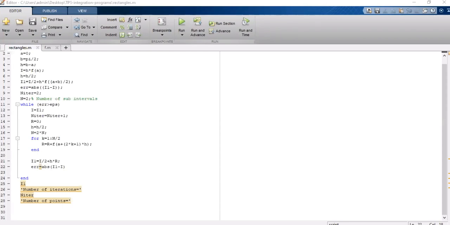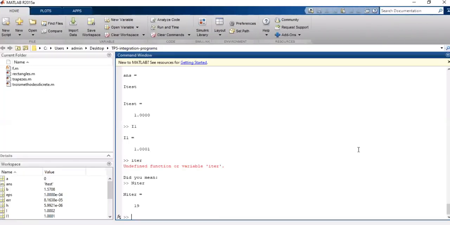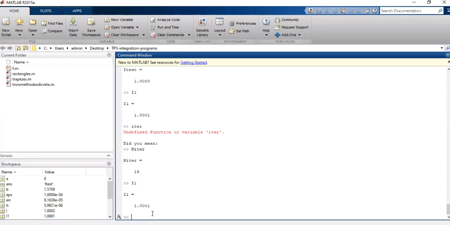So I got number of iterations equals 19, and for the integration I get 1.0001, and I had that precision 1e minus 4, so it gets a result that is accurate up to 1e minus 4 after it stops.